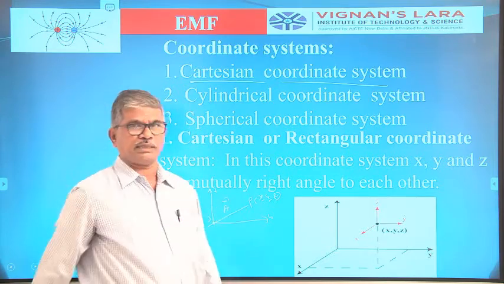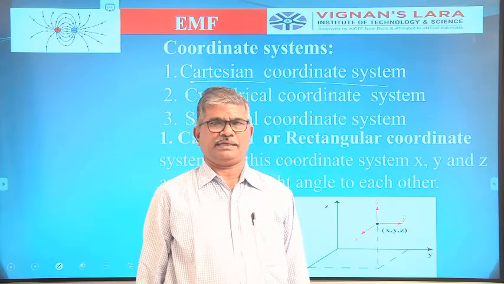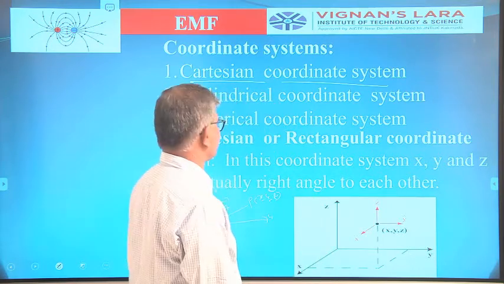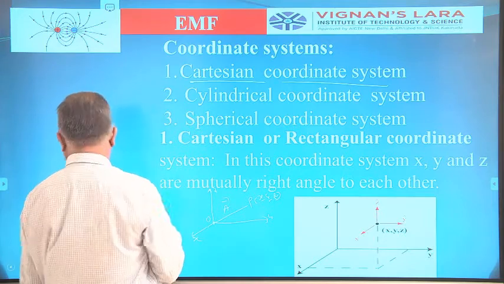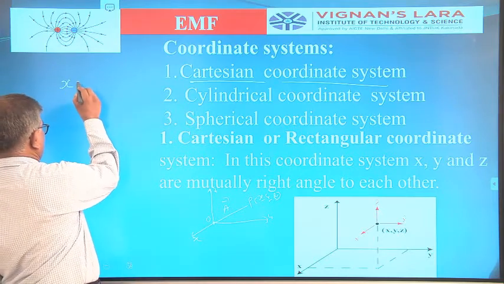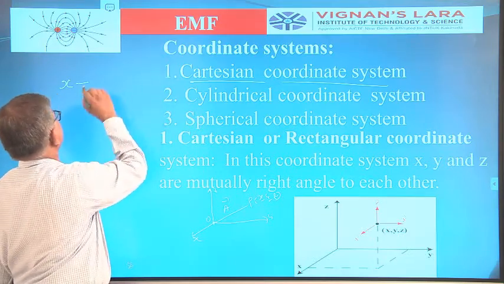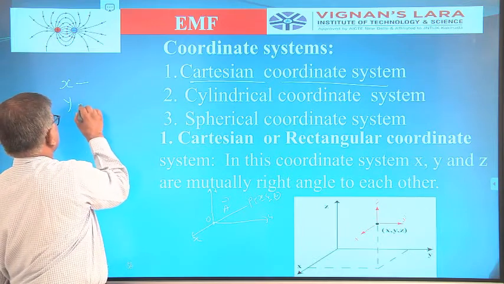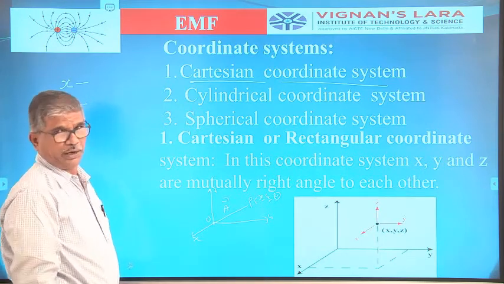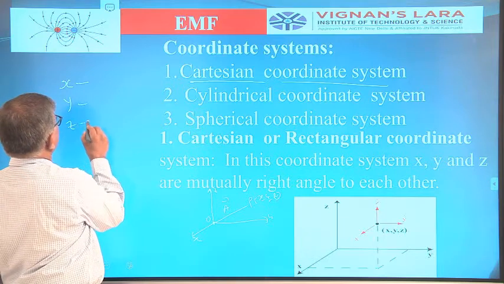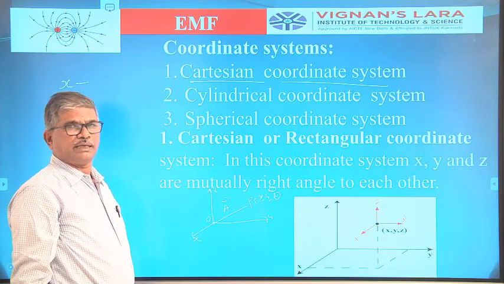This is expressed by the symbol A bar. So in the Cartesian coordinate system, the vector A gives the position vector of P of x, y, z, where x is the distance of the point from the origin, y is the distance of the coordinate y from the origin to the point, and z is the distance of the coordinate z from the origin to the point.